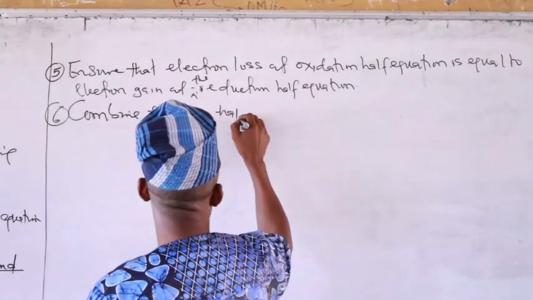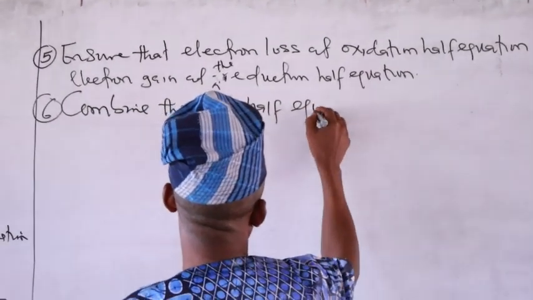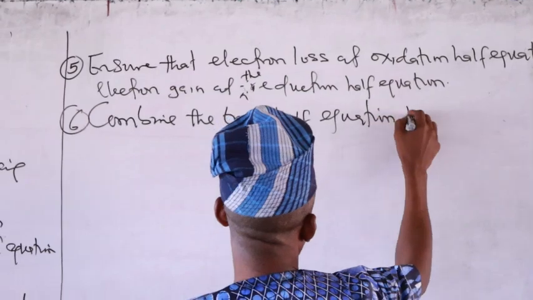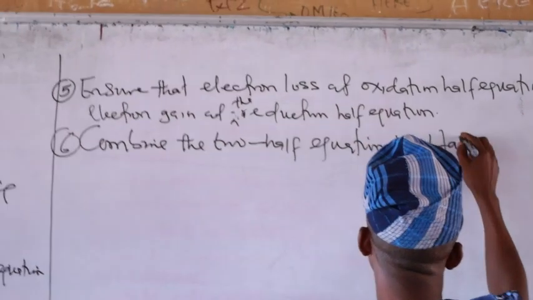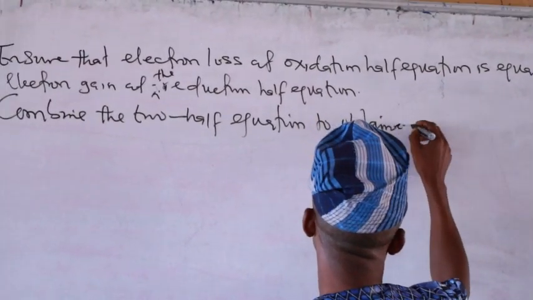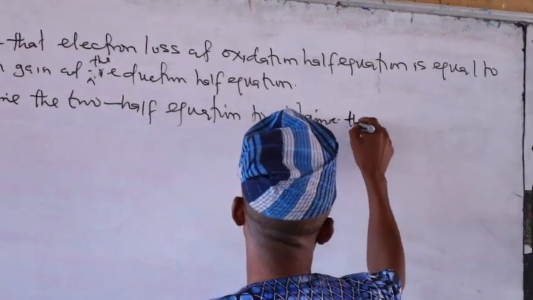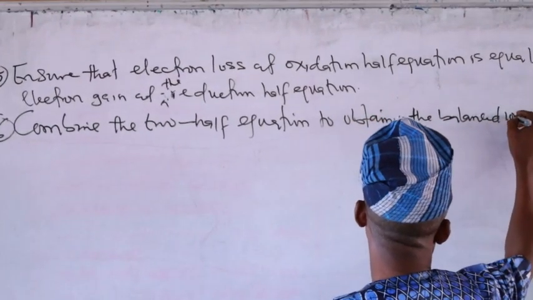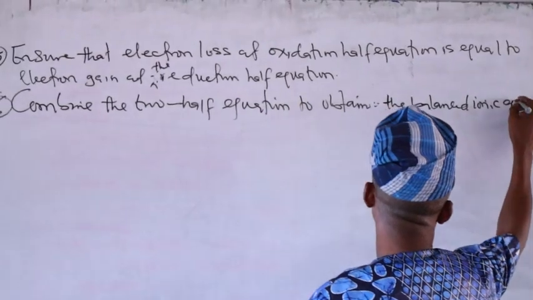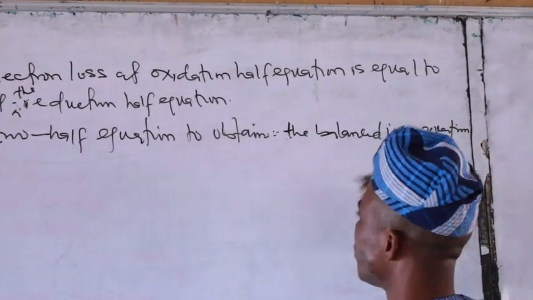The final one now is combine the two half equations to obtain the balanced ionic equation.